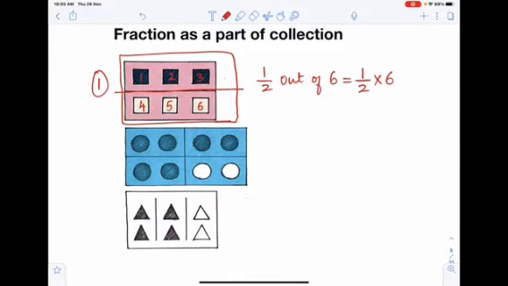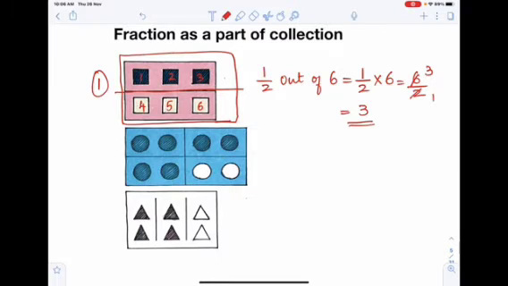Half of 6 is equal to how many? 6 divided by 2 is how much? 2 ones are 2, 3 times. Okay, so 3 is the answer that you get. That is, 3 squares have been shaded out of 6 squares. Did you understand how to calculate, children?